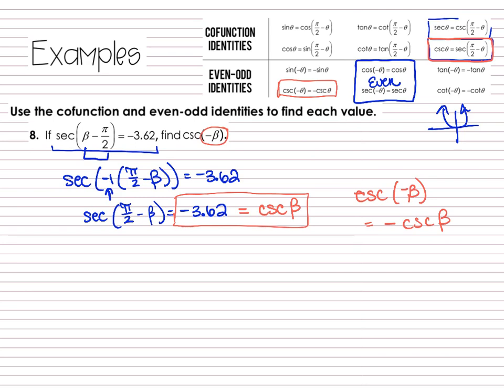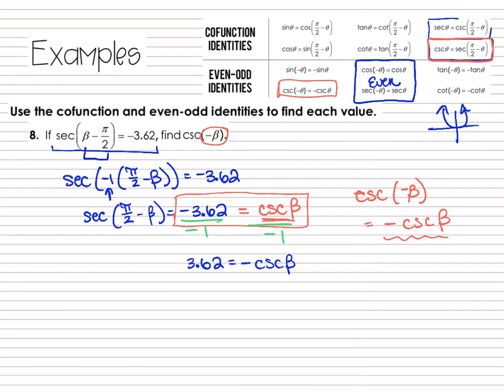So what we'd like to get is negative cosecant of beta by itself. If we have positive here, what we can do is divide both sides by -1 to give us a positive 3.62 on the left and a negative cosecant of beta on the right. So now we're a step closer.